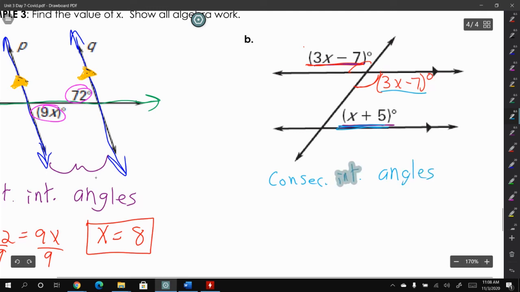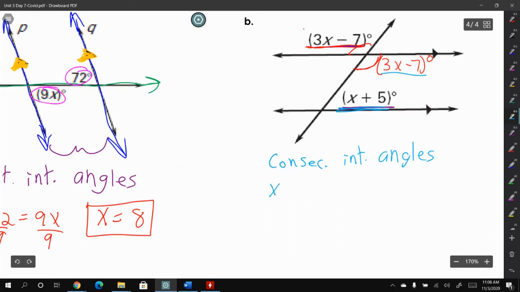And those add up to 180 degrees. So that means our equation would be x plus 5 plus 3x minus 7 equals 180. So don't get in the mindset that everything is always going to be equal to each other. Sometimes they'll add up to 180.